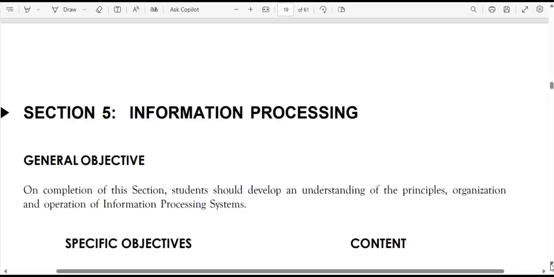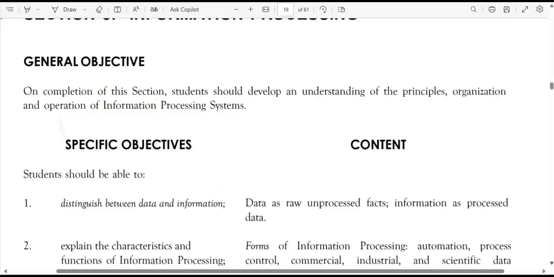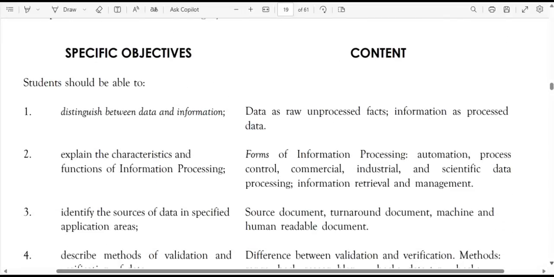All right. Section 5. Those of you who plan to do section 5, you will be getting questions from information processing. Students should be able to distinguish between data and information.